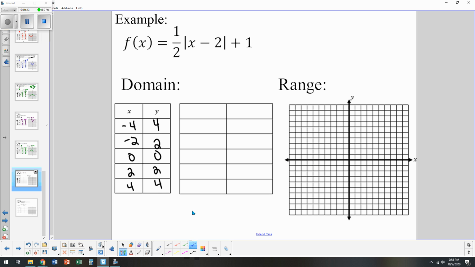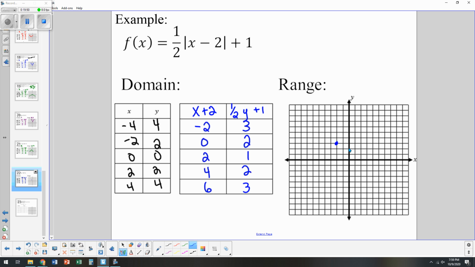All right, and now we're going to have x plus 2, right, opposite, and then 1/2 y plus 1. So if I add 2 to each of my x's, that's what I get. Half of 4 is 2, plus 1 is 3. Half of 2 is 1, plus 1 is 2. We get 1, 2, 3.